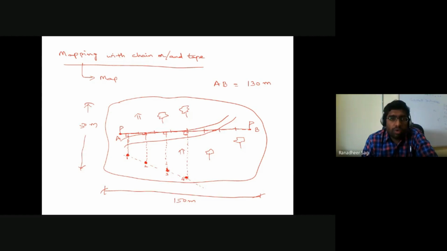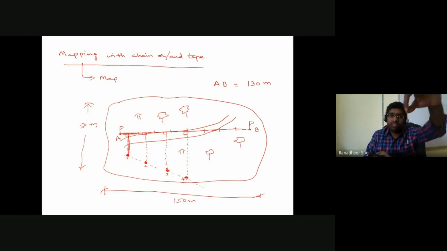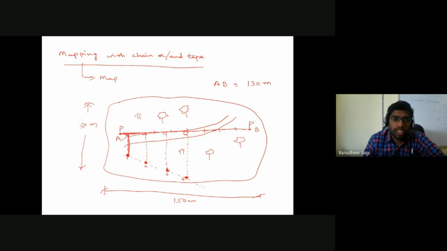Look here. What is the distance between this point 1, the position of the first electrical pole, and the survey line AB? I'll measure this distance with the help of a tape by placing the tape from this point to this point.